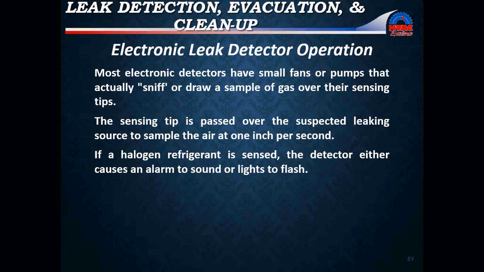Electronic detector operation. Most electronic detectors have small fans or pumps that actually sniff or draw a sample of gas over their sensing tips. The sensing tip is passed over the suspected leaking source to sample the air at 1 inch per second. If a halogen refrigerant is sensed, the detector either causes an alarm to sound or lights will flash.